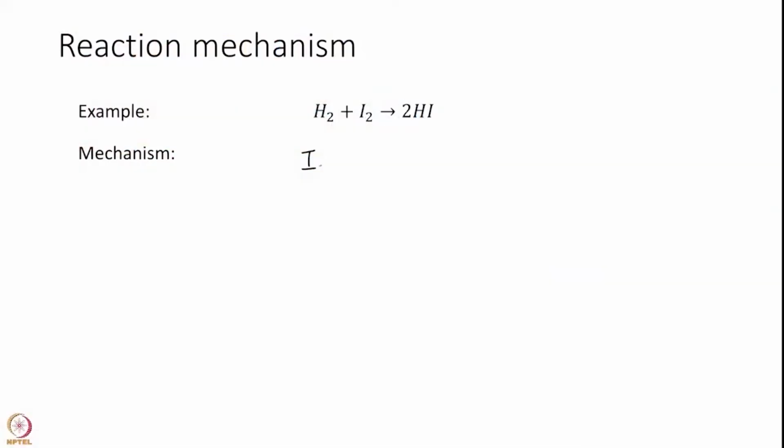This was long thought to be elementary, but evidence showed that for this reaction H2 plus I2 going to 2HI, the mechanism actually turns out to be that I2 in equilibrium first dissociates into 2 I dot. I dot reacts with H2 to give HI plus H dot. My apologies, this should be H dot.